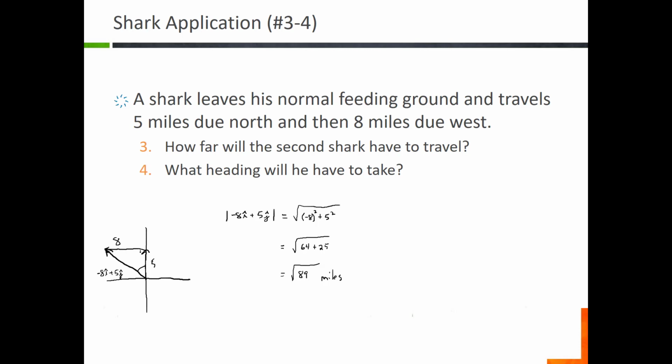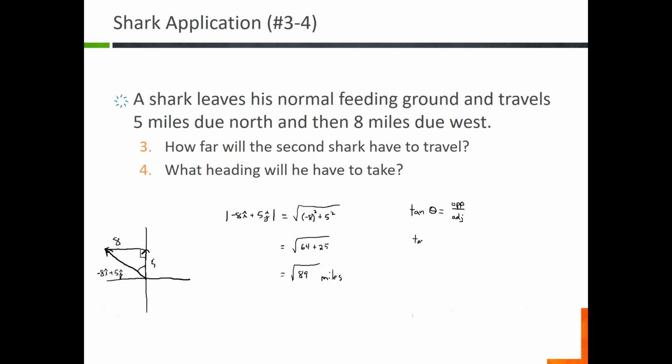In this particular problem, we already have a right angle up here because he went north and then west. So this turns out to be a right triangle, and we want to know this angle here. We know the opposite and the adjacent sides. If you know the opposite and adjacent and you're trying to find the angle, how do we do that? We use the trig function tangent of theta, which is the opposite over the adjacent.